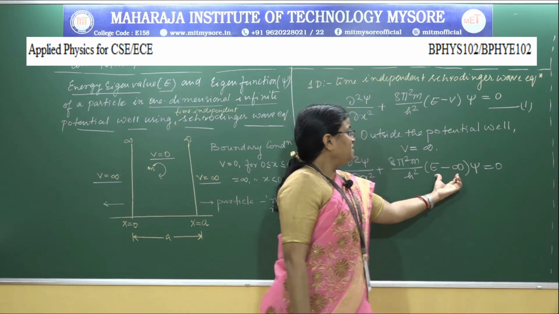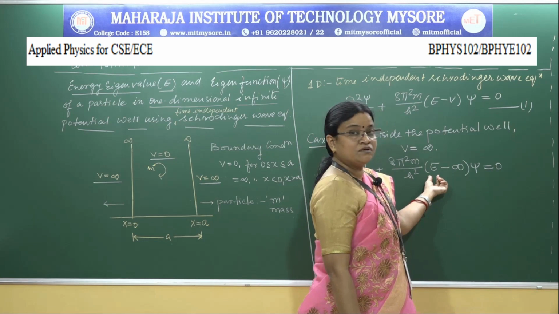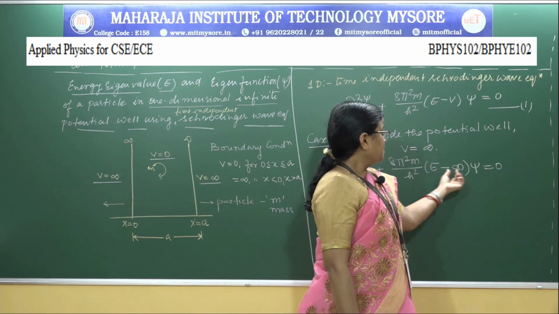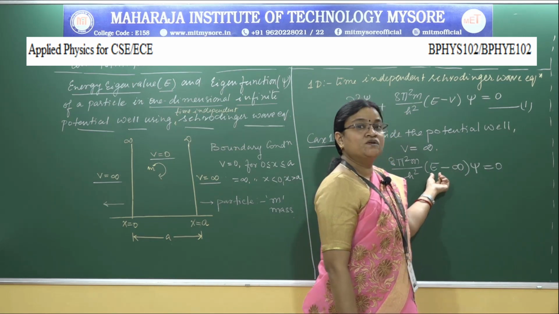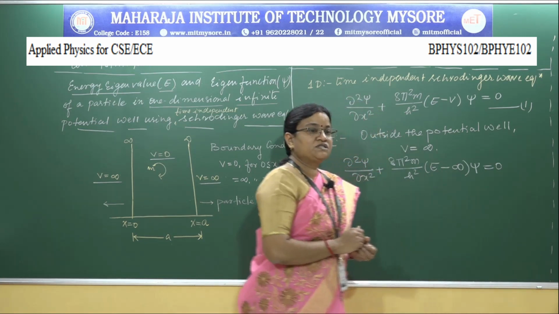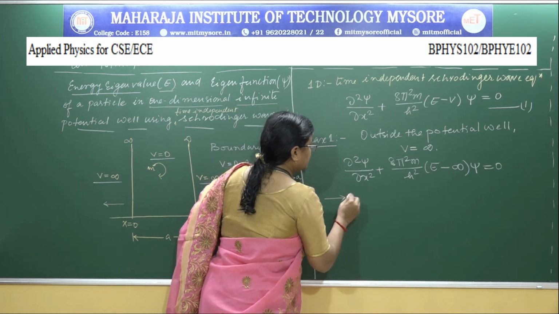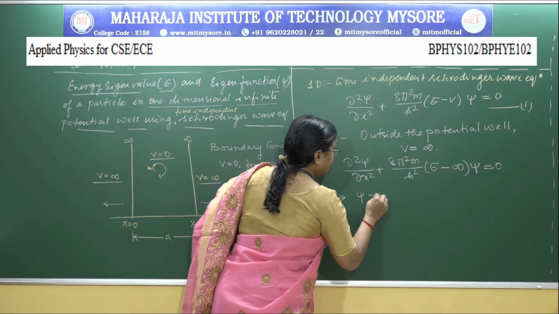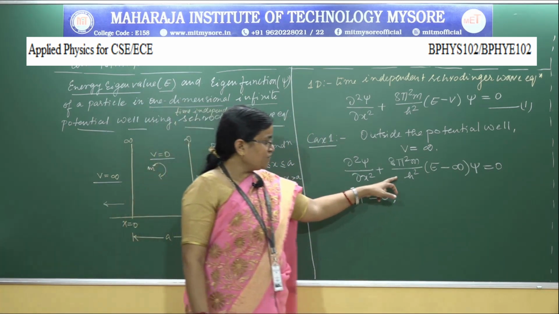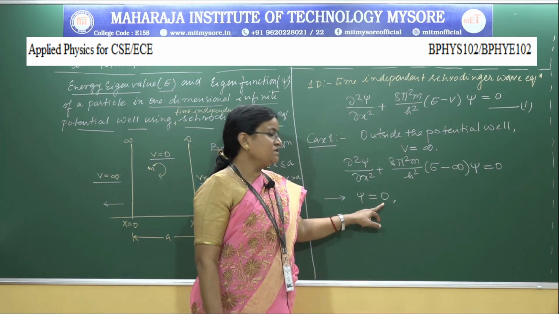Here we see that we have to subtract an infinite value from the total energy value, and this is an impossible solution, and the only value of the wave function we can evaluate is psi is equal to 0. For this equation, the only possible solution is psi is equal to 0.